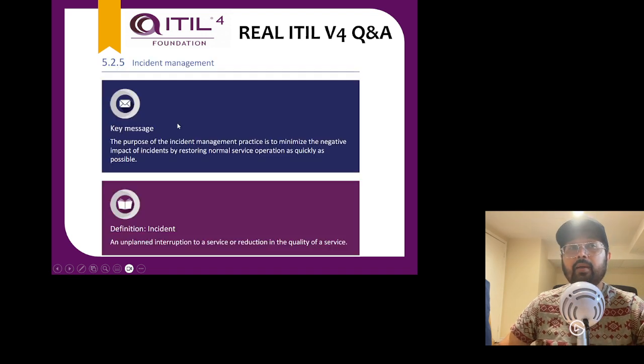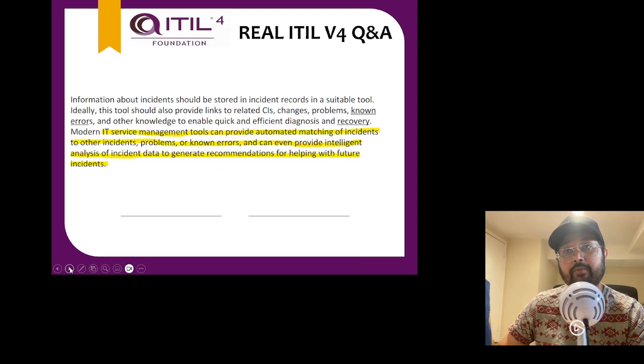Let's see what incident management is. The purpose of the incident management practice is to minimize the negative impact of incidents by restoring normal service operation as quickly as possible. This is the process of incident management, and the definition of an incident is an unplanned interruption to a service or reduction in the quality of the service.